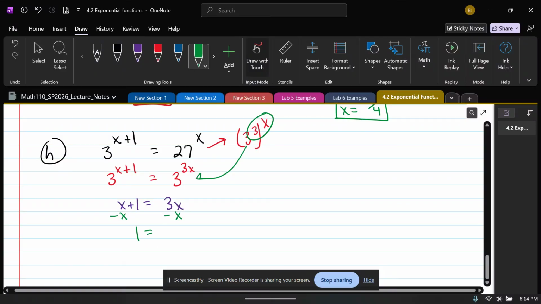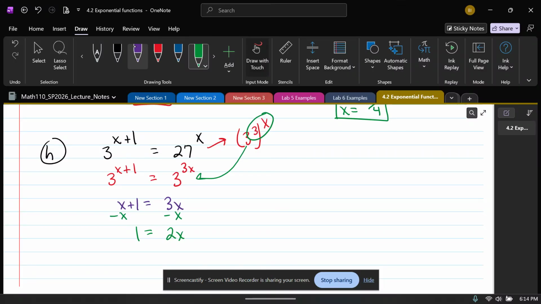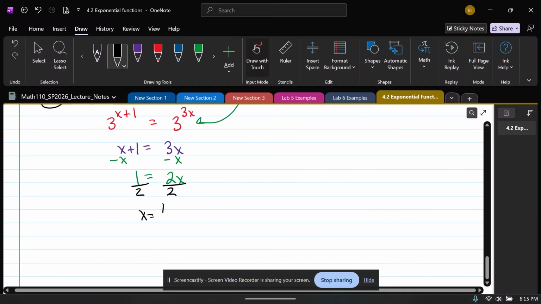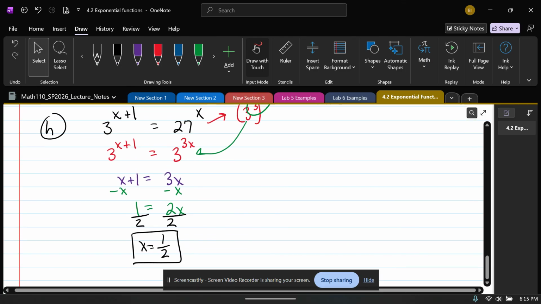So that's going to be 1 equals 2x. And then divide by 2. Yeah. And we get that x equals 1/2 out of that. Not too bad. That's doable.